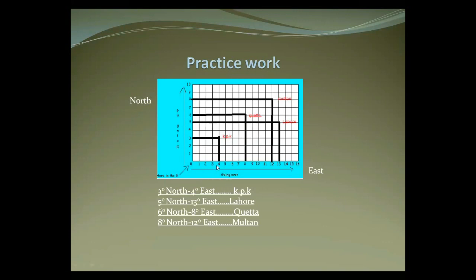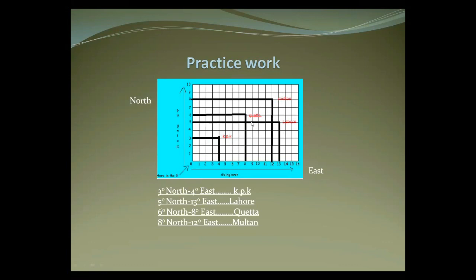And the location is KPK. 5 degrees north and 13 degrees east: 5 degrees north is the location of longitude, and 13 degrees east is the location of latitude, and the place at this location is Lahore. 6 degrees north and 8 degrees east, and the location is Quetta.